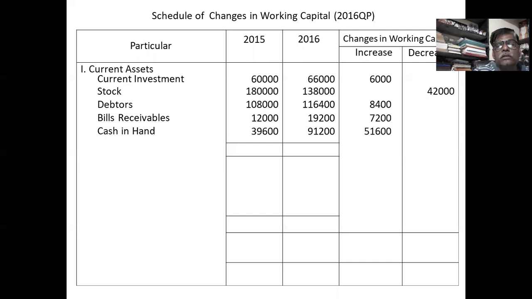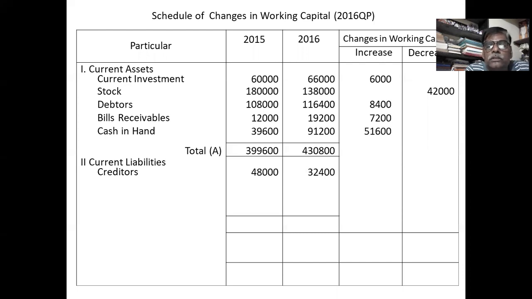So there is an increase, that is 51,600. Okay, these are the current assets. Now you take the total of current assets. First column 3,99,000. Second column 4,30,800.